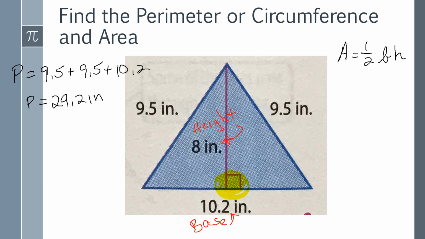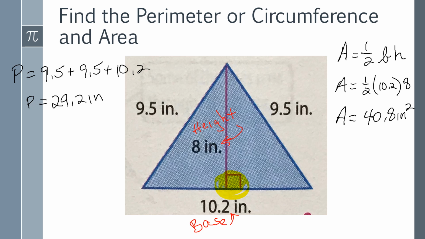So, we go ahead and plug in. Area is equal to 1/2 the base, which is 10.2, times the height, which is 8. So to put this in your calculator, you can put just 0.5 times 10.2 times 8, and you get 40.8 squared inches.